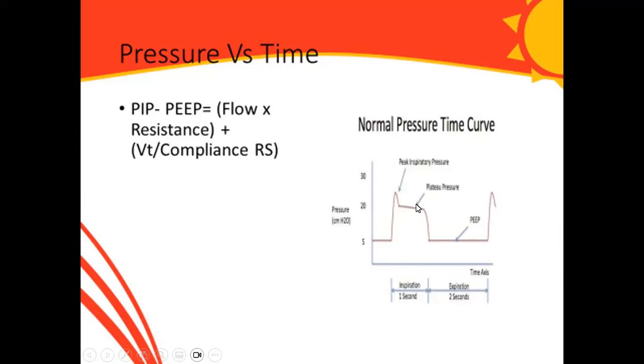This is a plateau pressure, which is a transition between inspiration and expiration. So between inspiration and expiration, there's a plateau pressure. And this is set at a PEEP of 5. So you see that in the pressure versus time scalar waveform, the baseline is always at PEEP.